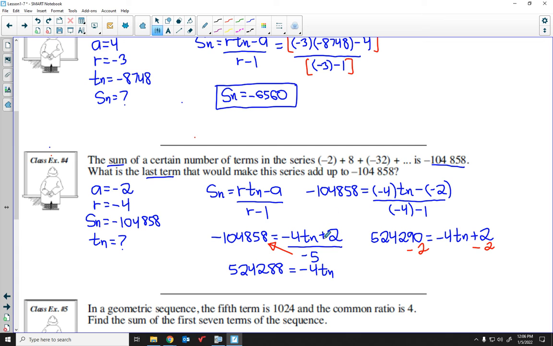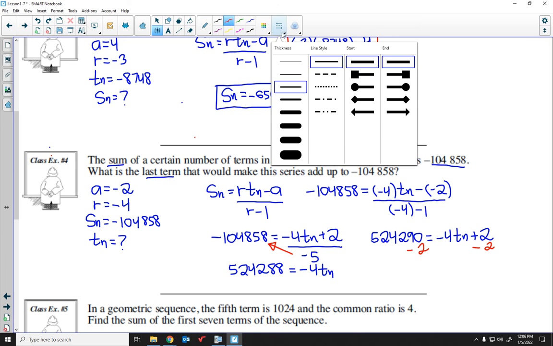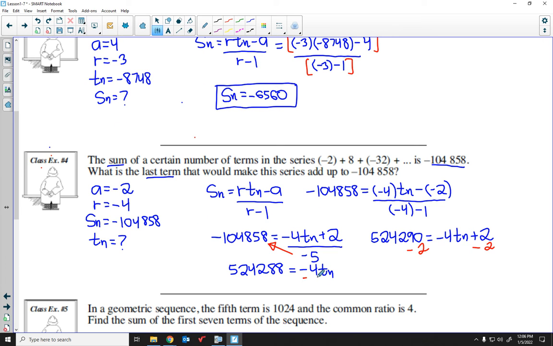Okay, and then now we need to just get rid of the negative 4 term. So just divide both sides of the equation by negative 4. Divide negative 4. Divide negative 4.